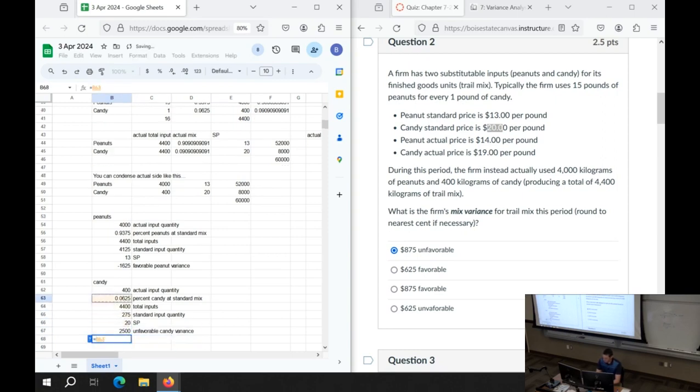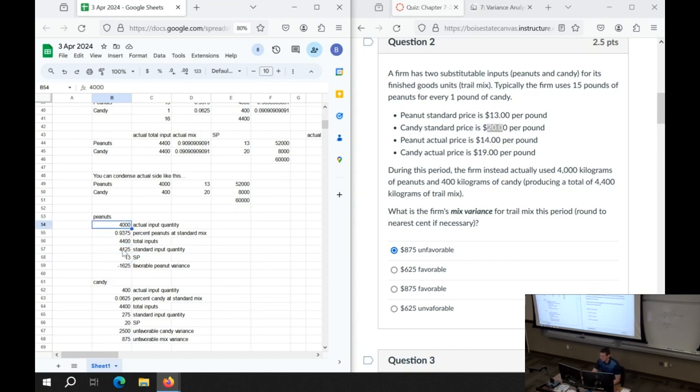And we just need to sum these. This is unfavorable mix variance. So if that helps you, you can go this route and reuse some of the procedures you use for typical quantity variances: actual minus standard times standard price.